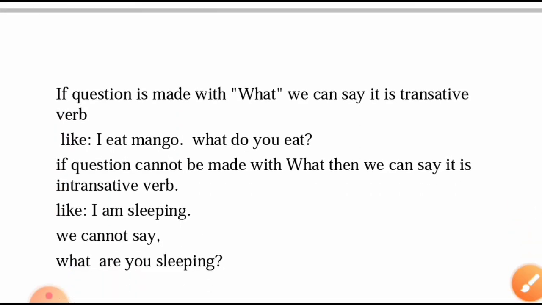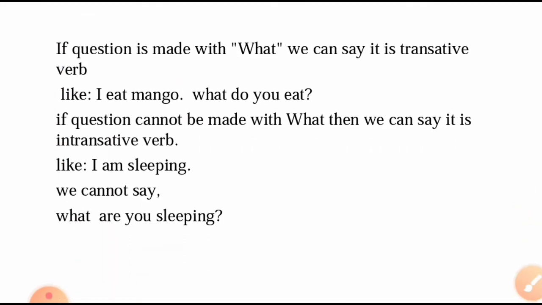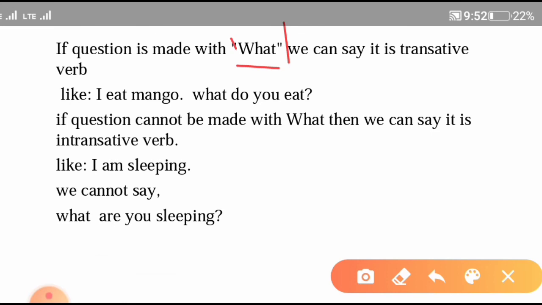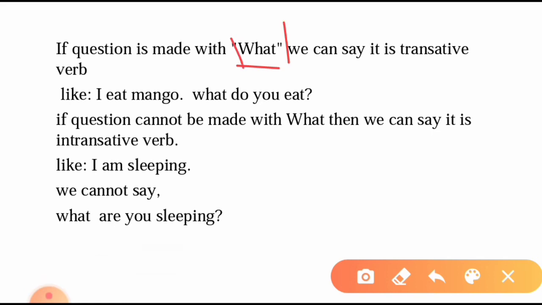So now let me tell you how you can recognize whether it is transitive or intransitive. This is the point that you need to remember. If a question can be made with what, we can say it is a transitive verb. You can take any sentence, for example, I eat mango. Here you can see I eat, which is the action, is followed by an object, which is mango, to make a complete sentence.